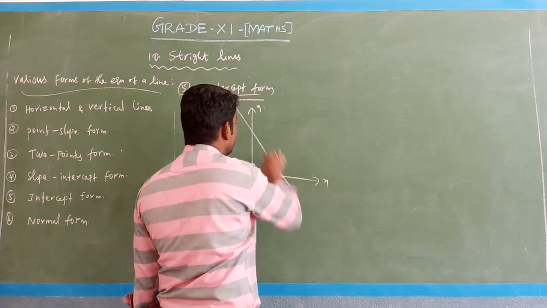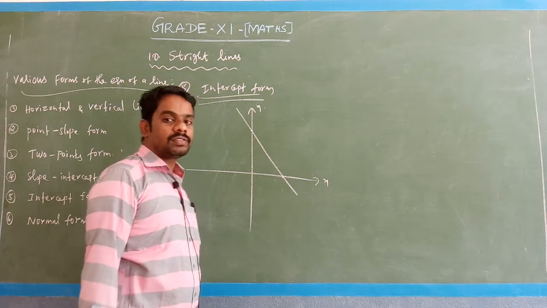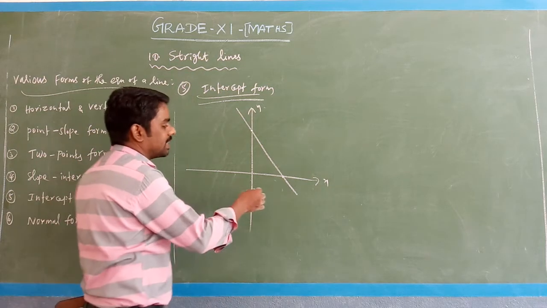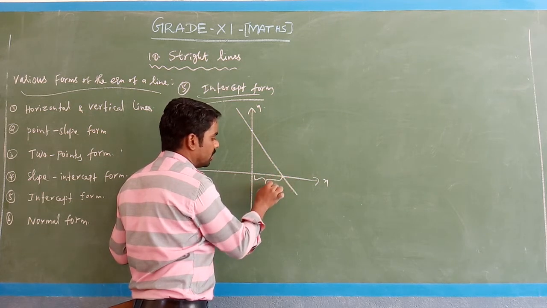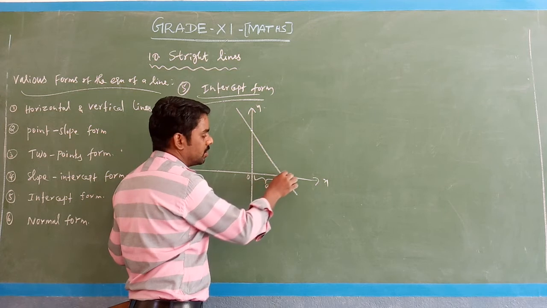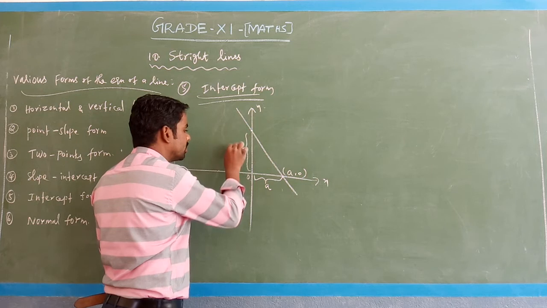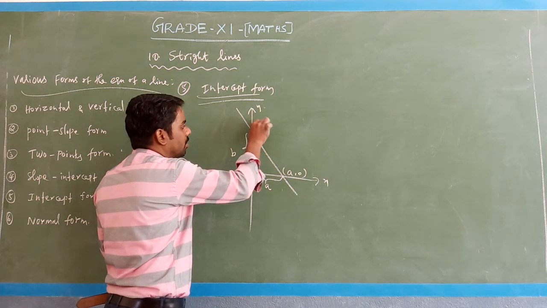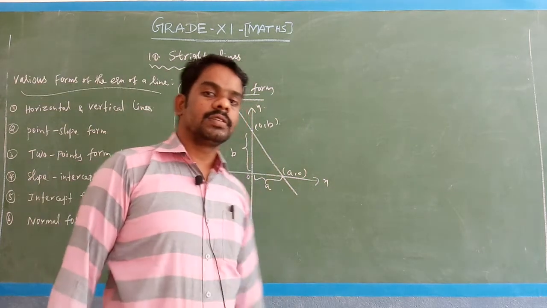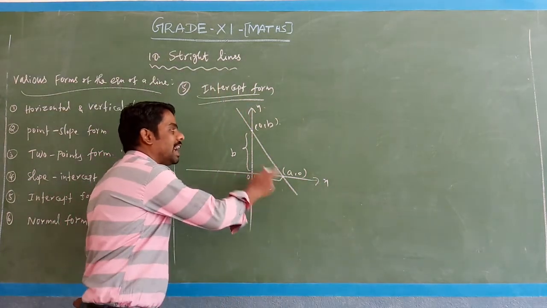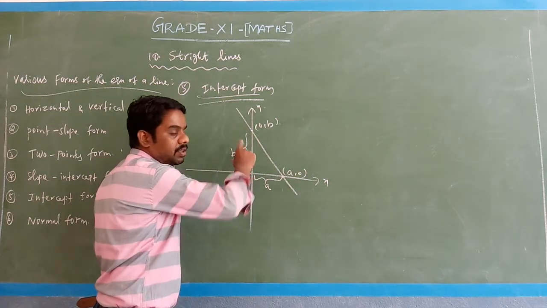This line makes an intercept on the x-axis and also on the y-axis. The x-intercept distance from the origin is a, so this point is a comma 0, and the y-intercept distance is b, so this point is 0 comma b. So this line passes through a comma 0 and 0 comma b.